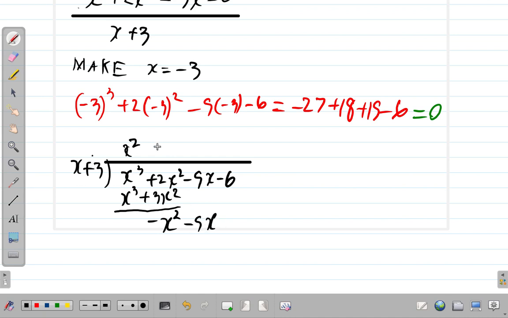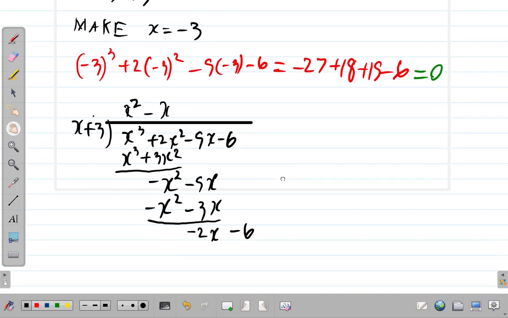x into negative x squared is going to be negative x. x times x gives you negative x squared, minus 3x. So when you subtract, negative 5 minus negative 3 is negative 5 plus 3, which is negative 2x. Bring down the negative 6.